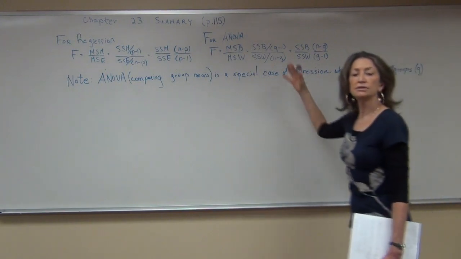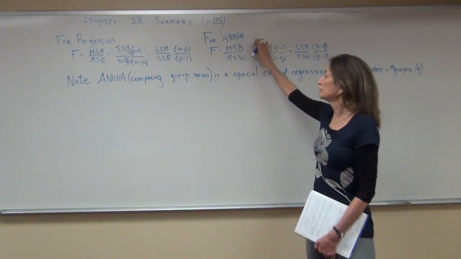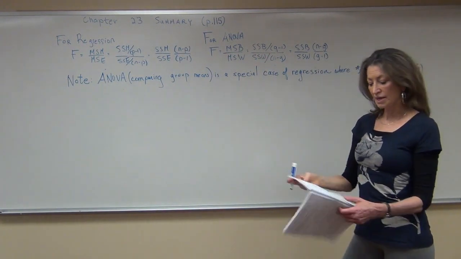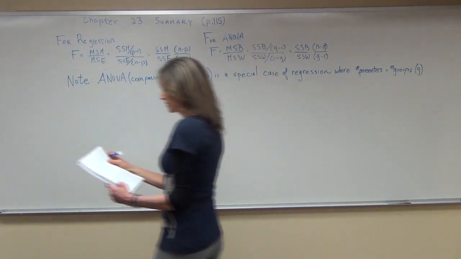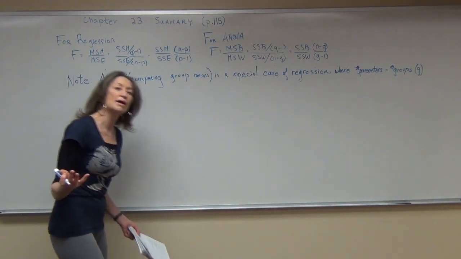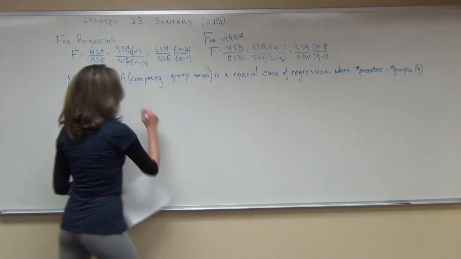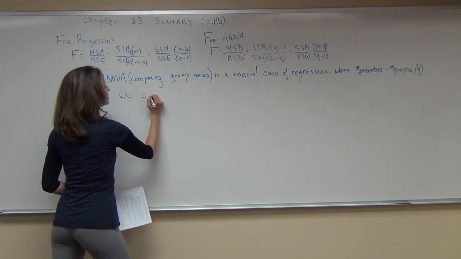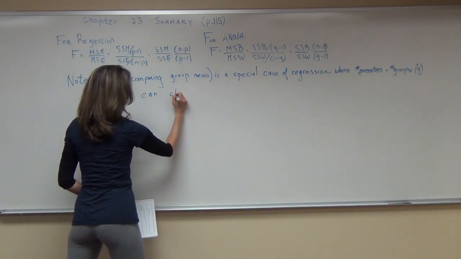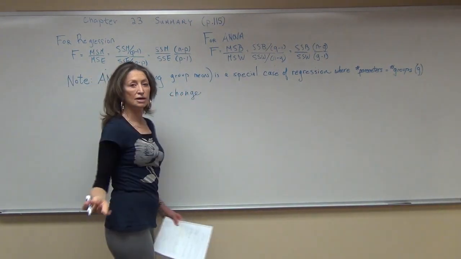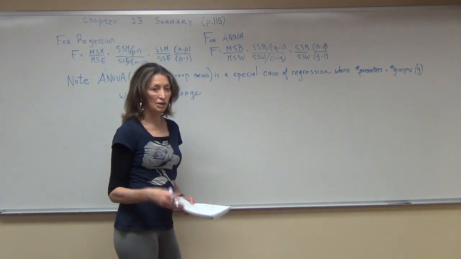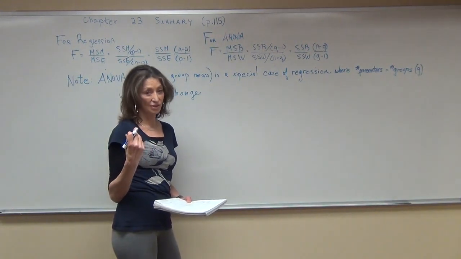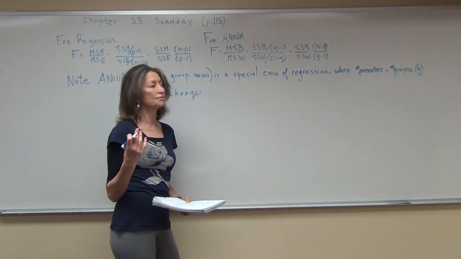In fact, this ANOVA is really a special case of regression. And we can see this because we could write it as a regression equation. Let's change the example we did on the previous page, which was the example of the experiment. We're comparing 3 different types of drugs, drug A, drug B, and drug C, on some quantitative response variable.